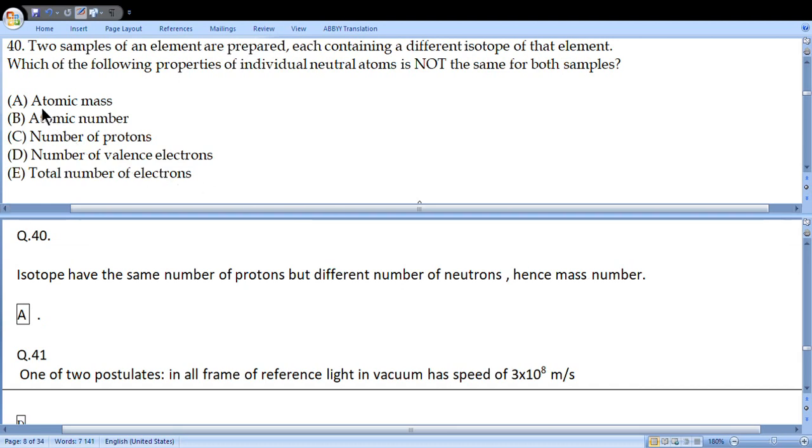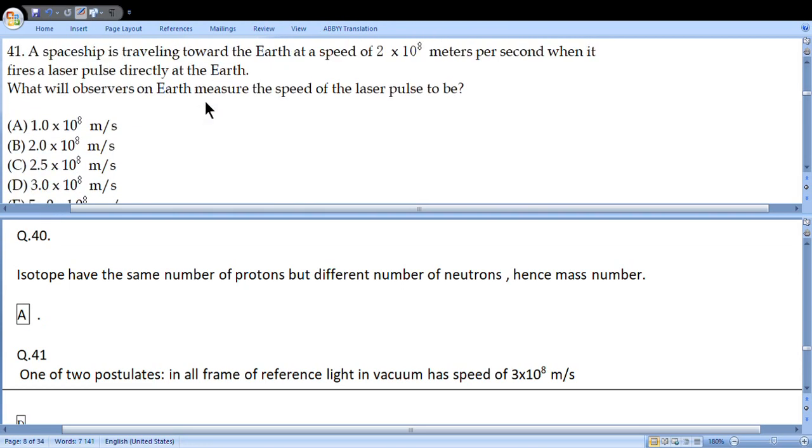So atomic mass is different. Atomic number is the same because the number of protons is the same. Number of valence electrons equals the number of protons, the same. Total number of electrons is the same. The actual valence electrons have nothing to do with it here. Not the same for sure: atomic mass.